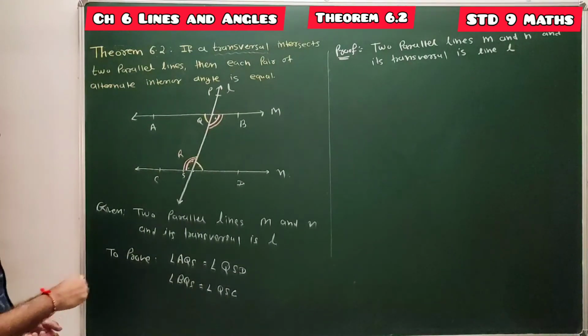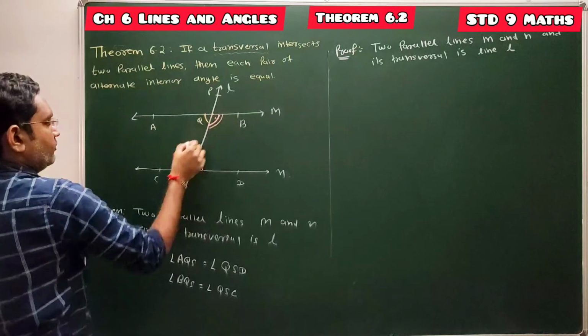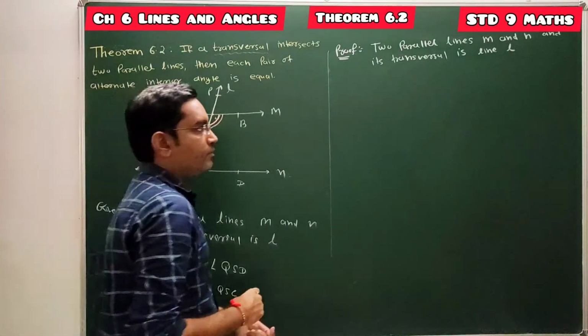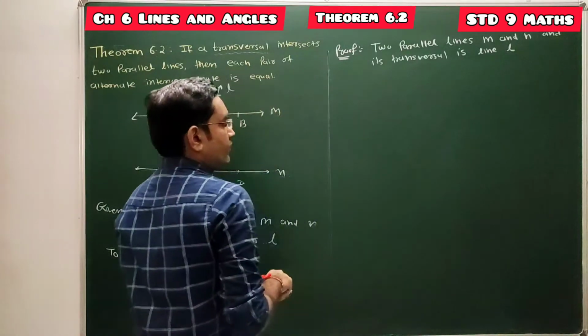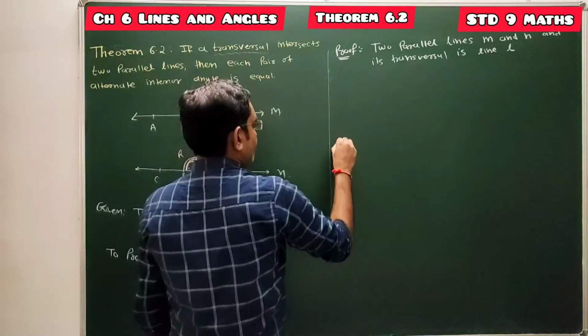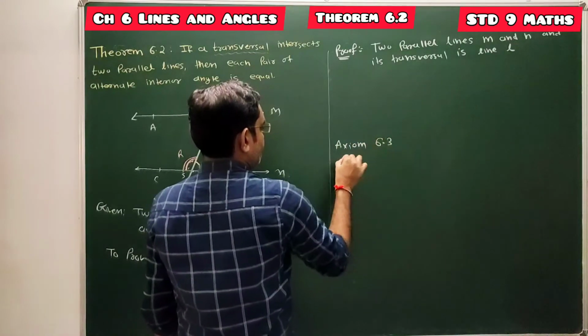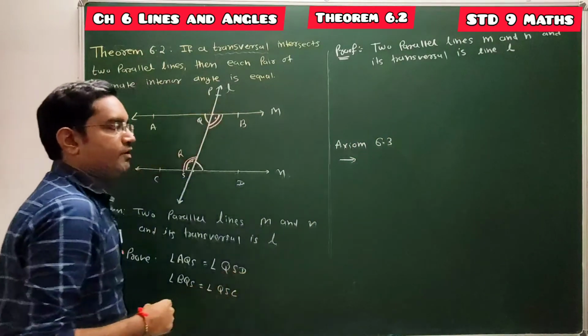Now we have to prove that this pair of alternate interior angles formed are equal. For that we are making use of axiom number 6.3. So first you have to write down the axiom 6.3. What is the statement of axiom 6.3?